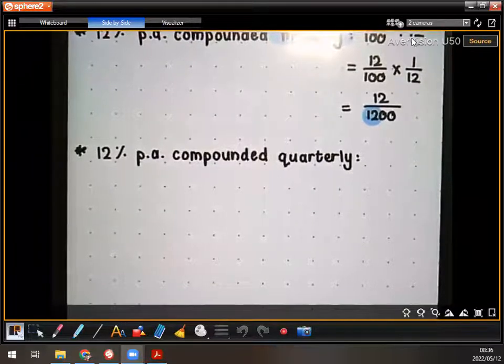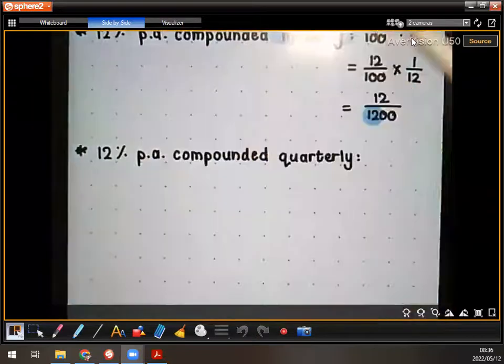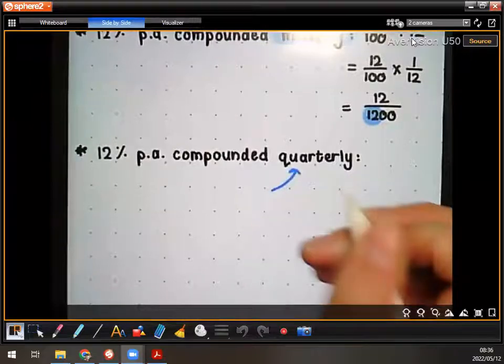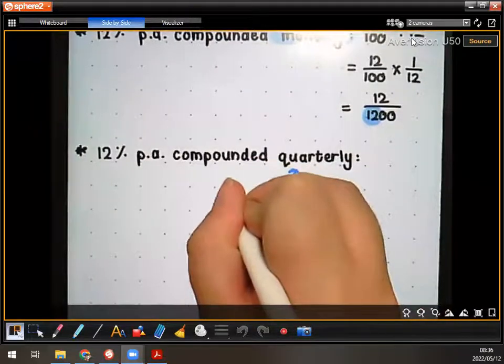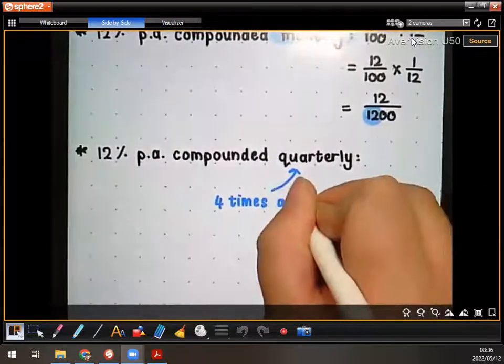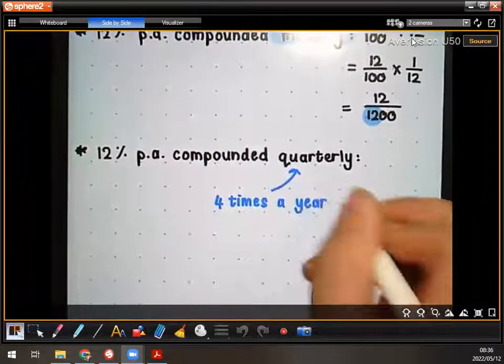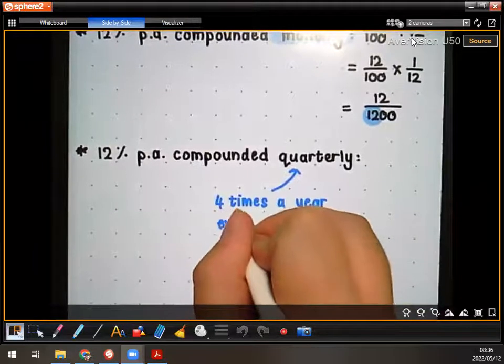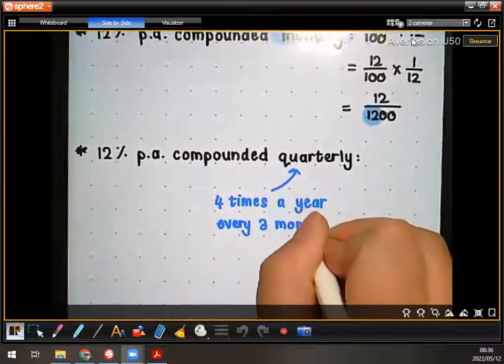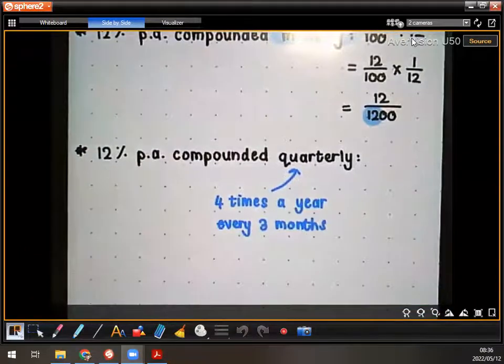Oh, hey, so a quarter is actually 3 months, if you want to add that there, because sometimes they say every 3 months. So quarterly is 4 times a year. 12 months divided into 4 quarters, 12 divided by 4 is 3. So a quarter is actually 3 months.